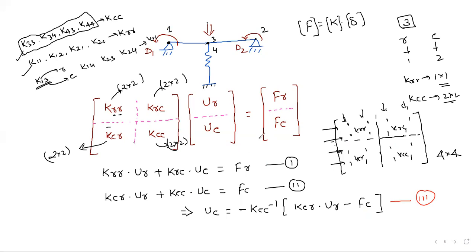Into UR and UC. UR will be the displacement at the retained degrees of freedom, and UC is the displacement at the condensed out degrees of freedom. So how many displacements will be there in UR? There will be two displacements. UR means retained, and retained is 1 and 2. So here will be U1, U2. In place of UC, you can write U3, U4.